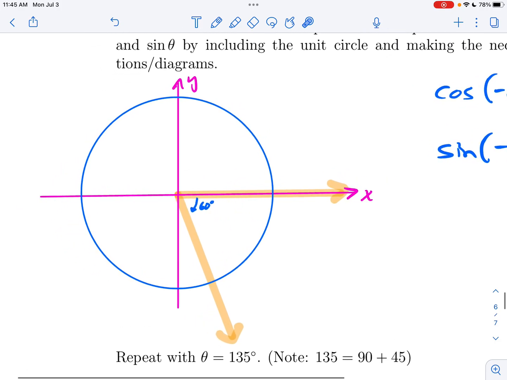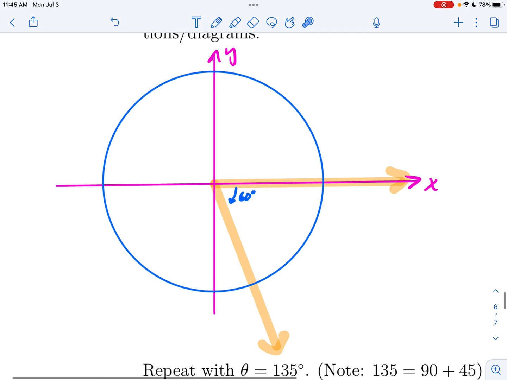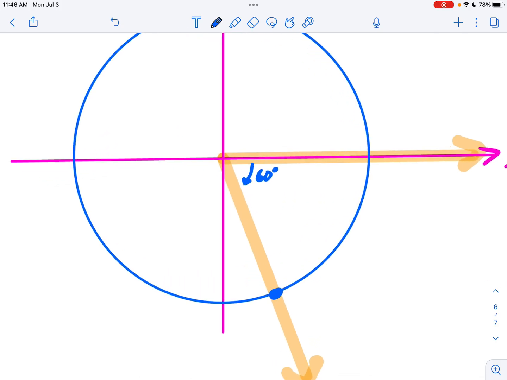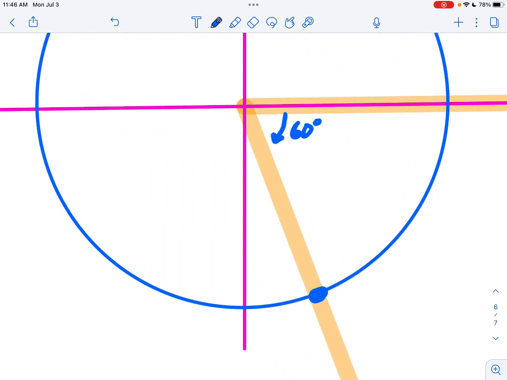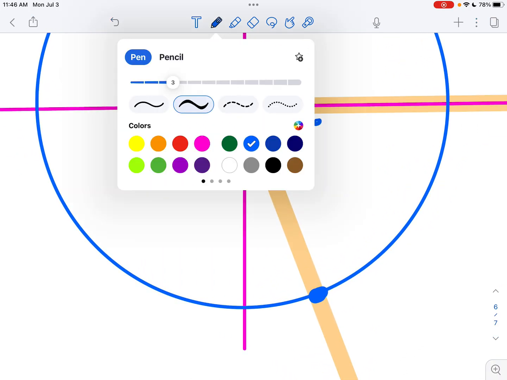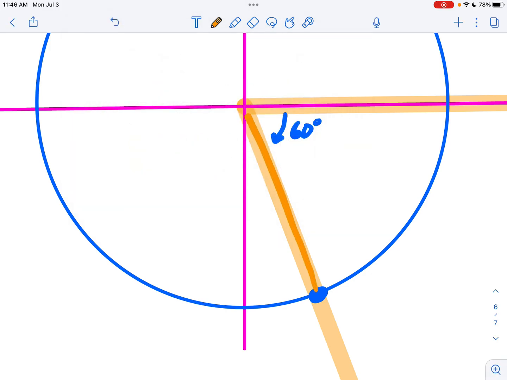All right, now remember, by definition, our unit circle has a radius of 1. Every single point on this circle is exactly 1 unit away from the origin. We're trying to figure out where this point right here is. I know that this distance here is 1 unit.